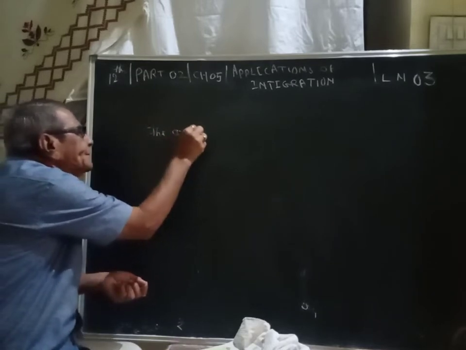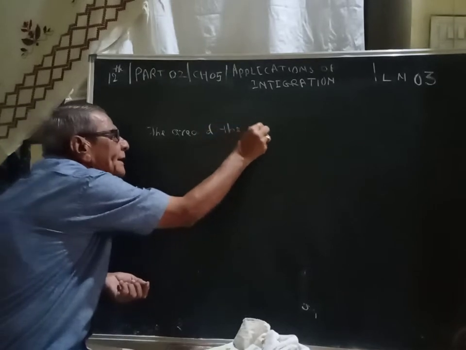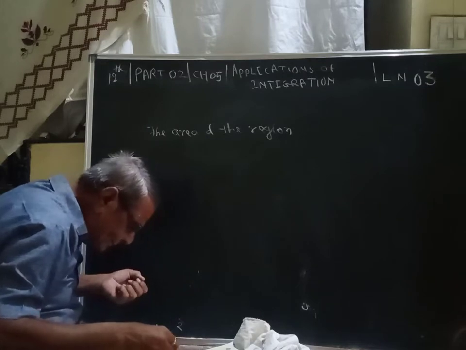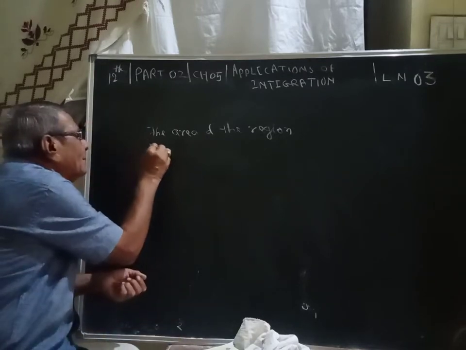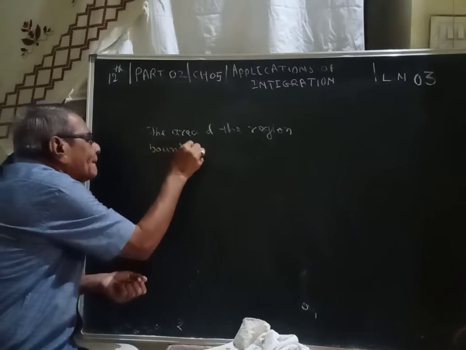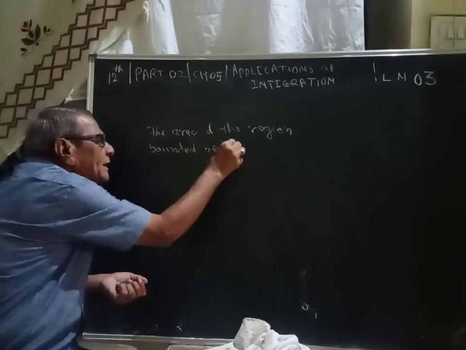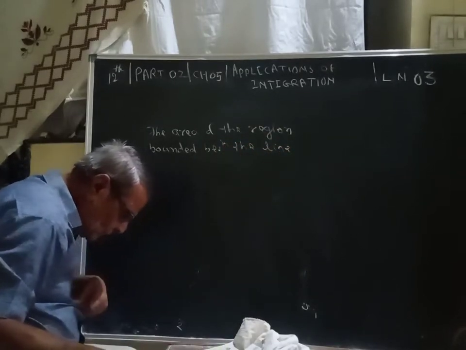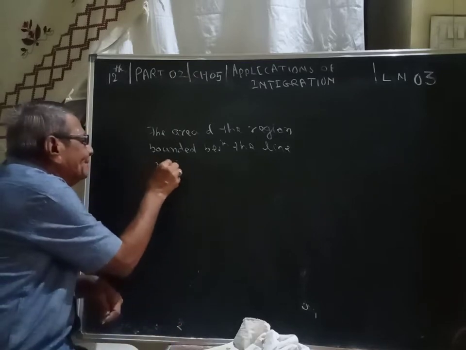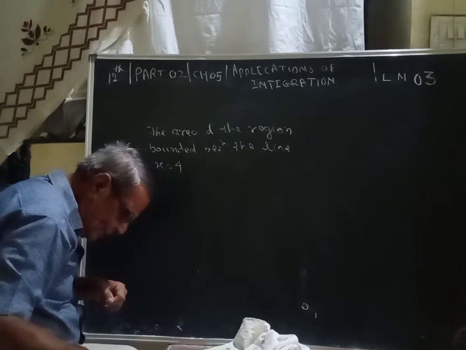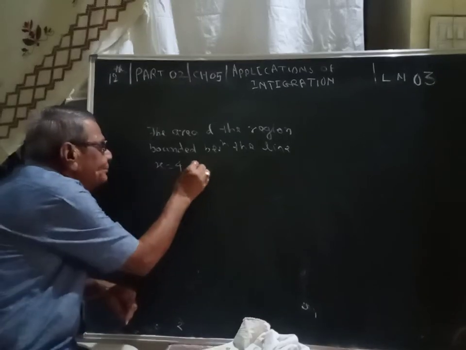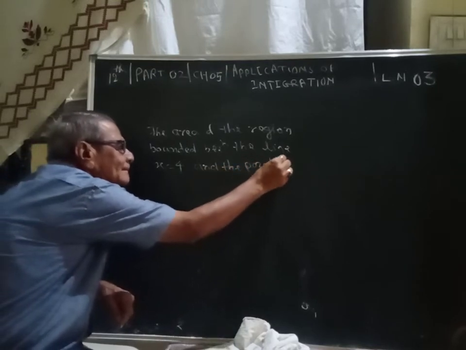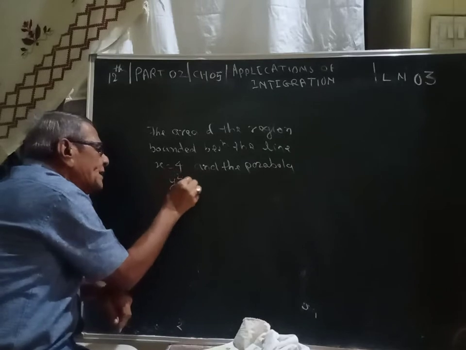The area of the region bounded between the line x is equal to 4 and the parabola y square is equal to 16x.